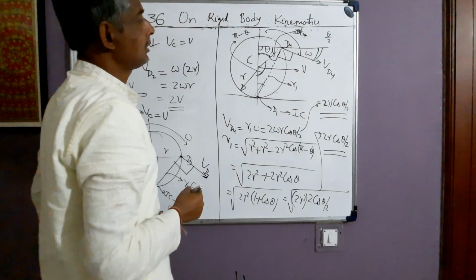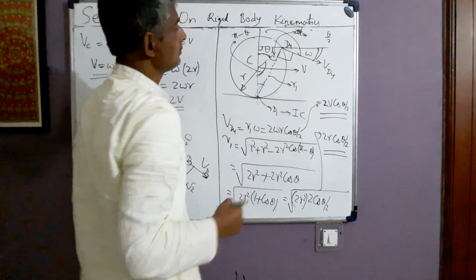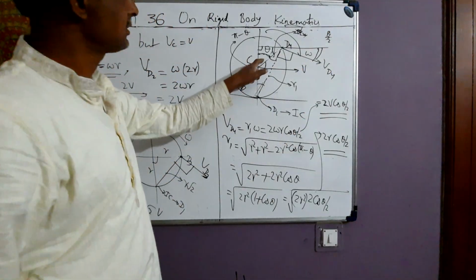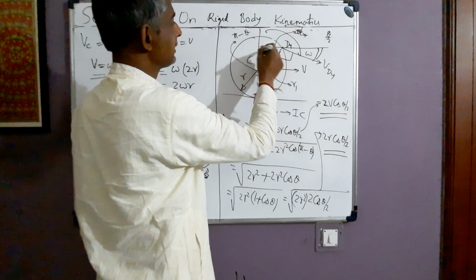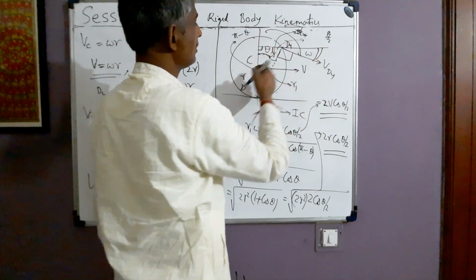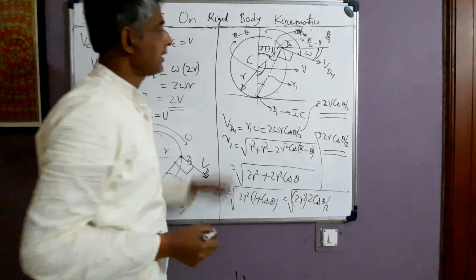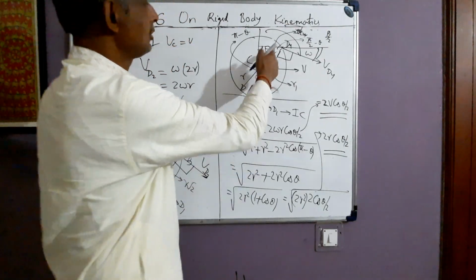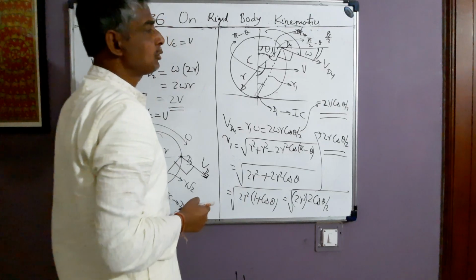This angle will be theta by 2. This is theta, this is pi minus theta, so this is theta by 2, theta by 2. And this is theta, this is a right angle. This angle is equal to pi by 2 minus theta, and this is theta by 2. These two angles add up to pi by 2 minus theta by 2.